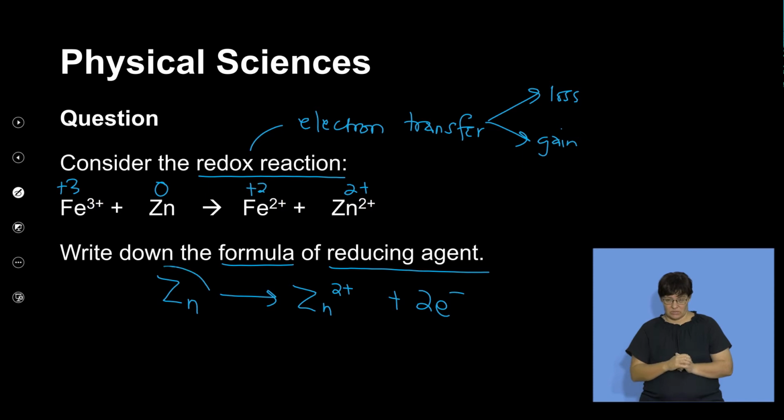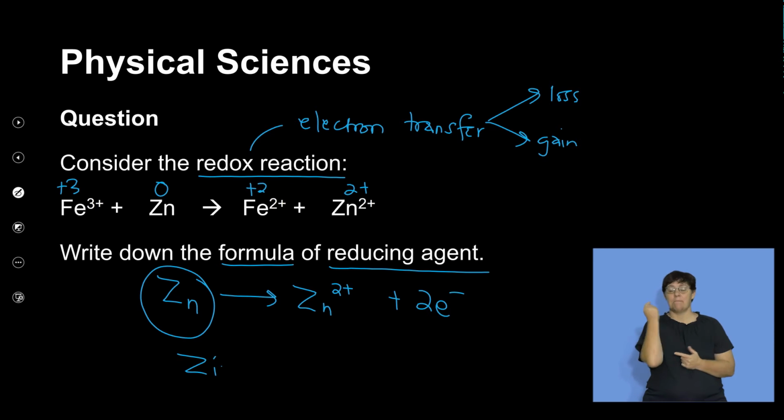This is the substance that loses electrons. It is a reducing agent because it underwent oxidation. So the formula, therefore, is Zn. Sometimes it can ask for the name. If it says the name, then you have to write the full chemical name. But in this case, we're looking at the formula, right?